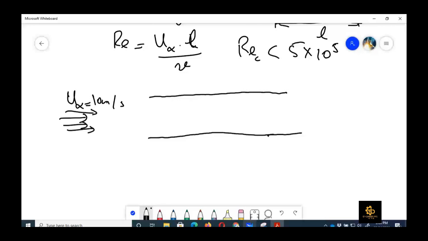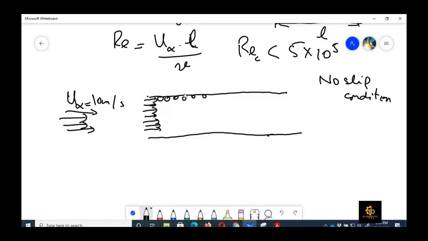Entering this pipe, it would try to maintain this uniform velocity of 10 meter per second. But we know there is a condition called the no slip condition, which means that the first layer of molecules needs to stick to the pipe surface, and it would have the same velocity as the pipe, which would be zero in this case.